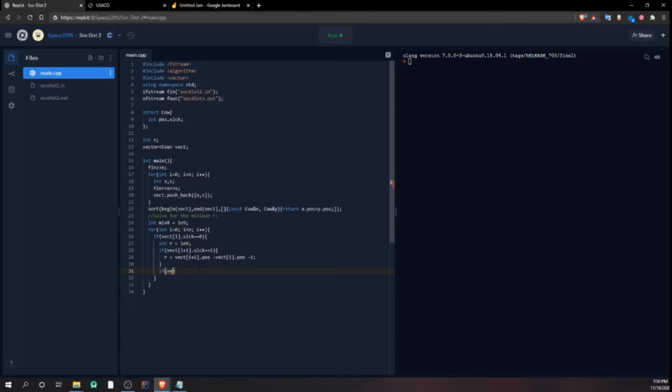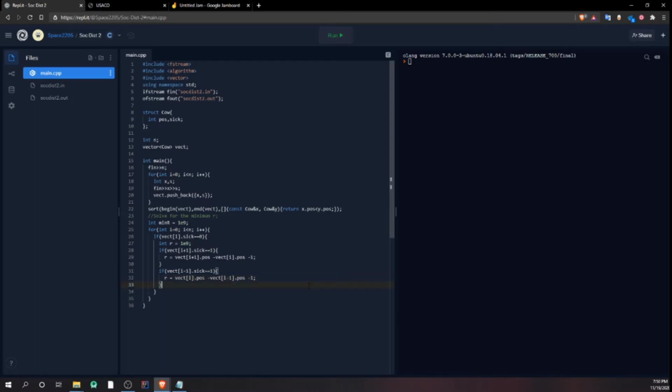And we're also going to check the other side, basically the one that's below it, so vector at i minus 1, if that is sick, then what we're going to do is basically the same thing. So I'll just copy and paste this here. And instead of i plus 1, it's going to be i minus 1.